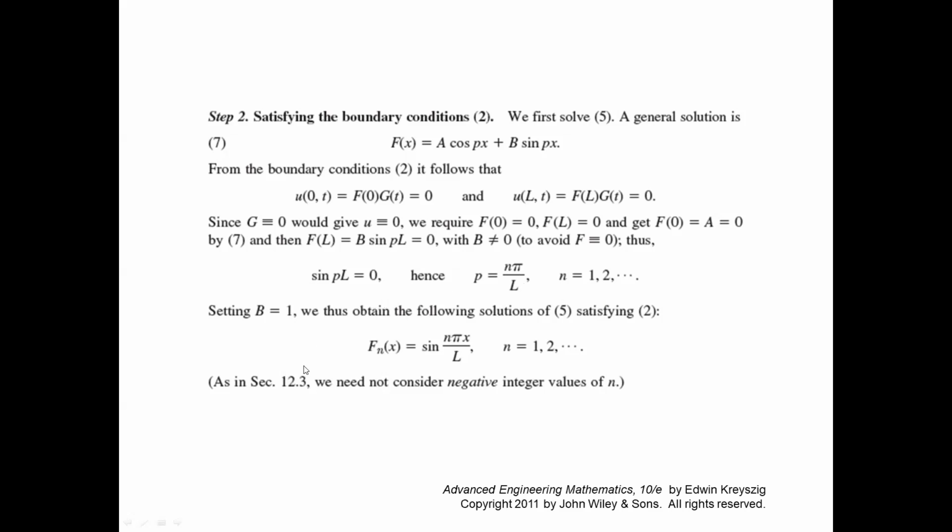If we assume B equal to 1, then we find the eigenfunctions. We select the eigenfunctions as sine n pi x over L. Since there are so many eigenfunctions, we give a subscript to designate the different n's.